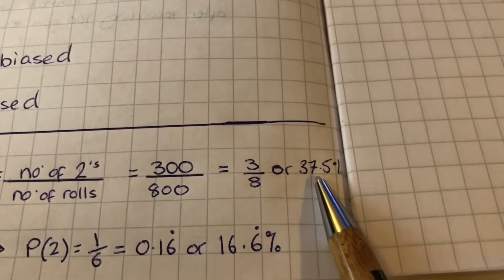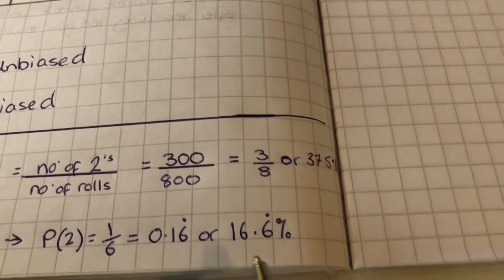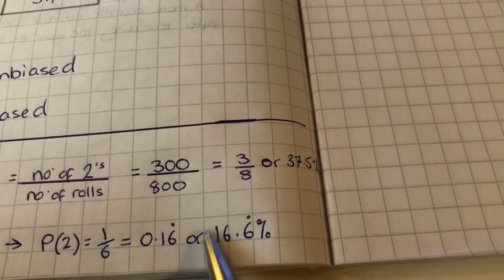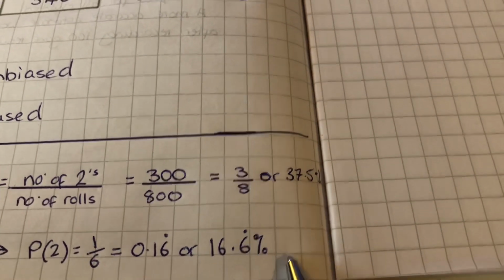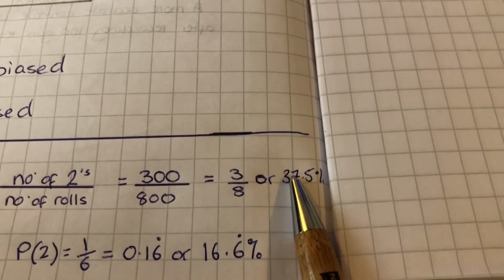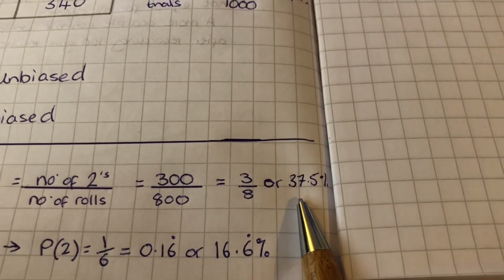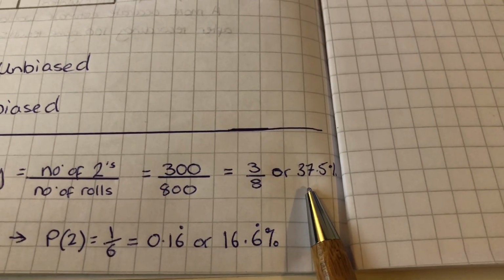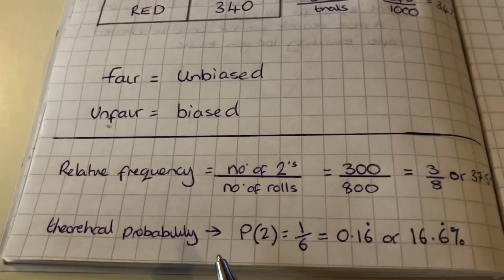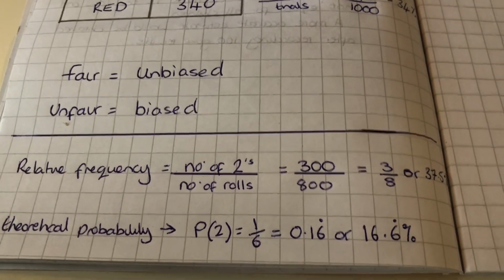But when we convert them to a percentage, we can see that 16.6 recurring, which of course means 16.666666666, now we could round that up to 17% to the nearest whole number, is a lot smaller than 38%, which is 37.5% rounded to the nearest whole number. This great difference suggests, therefore, that this die is biased.